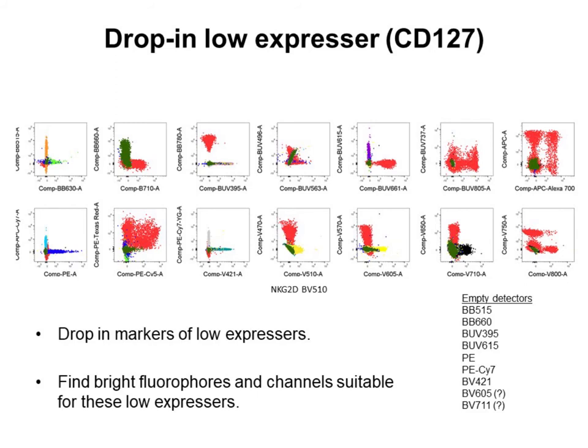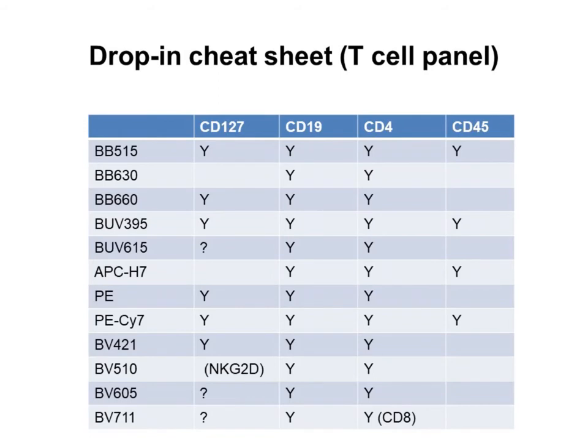So using CD127 as the marker here, we identify the list, on the bottom right, that are suitable for lowly expressed markers. You see there are still quite a number of channels that can be used. So we have collated both forms of droppings into this cheat sheet, which is meant to be a framework for planning an extended panel.